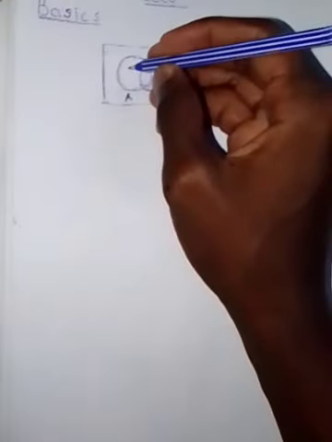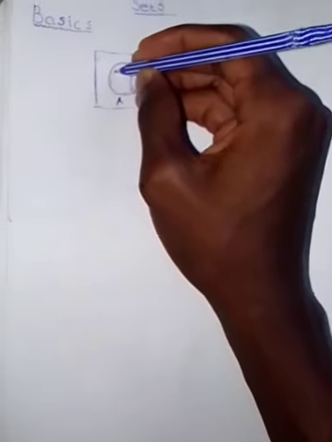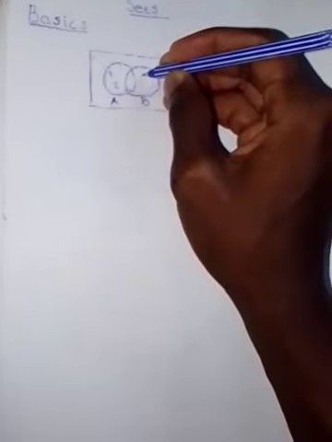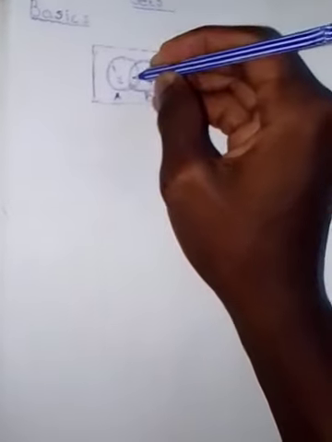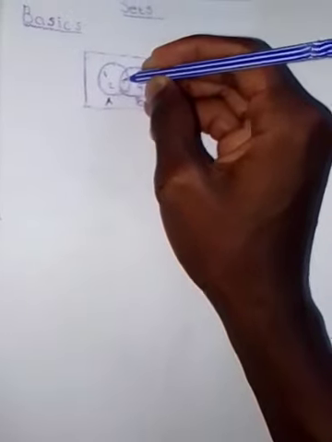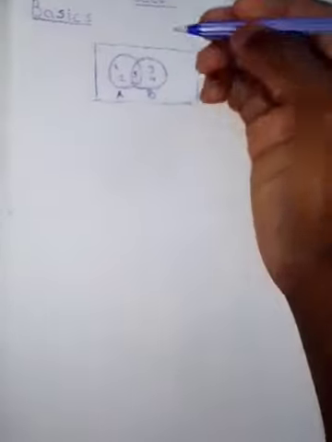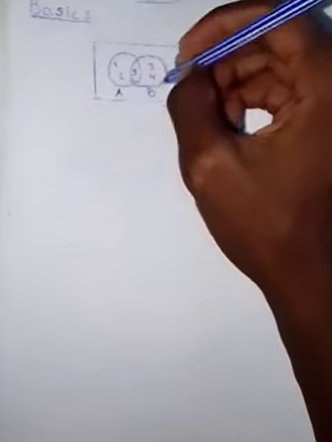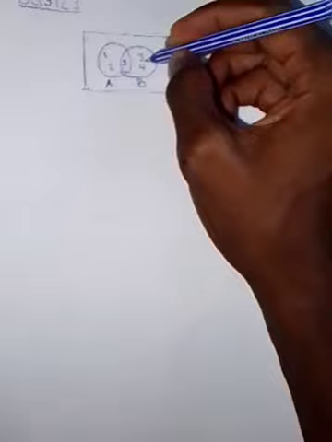Let's say this set has got 1 and 2, and this other set has got 3 and 4, and then between them there is, let's say, maybe 5. So this is a Venn diagram representing two sets.